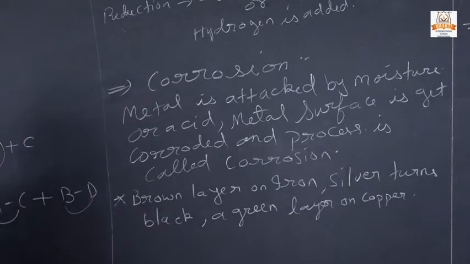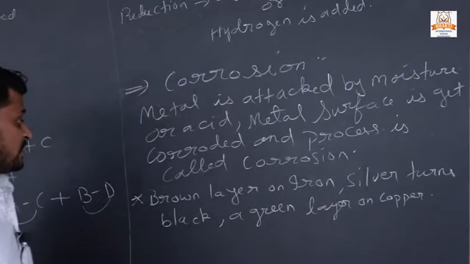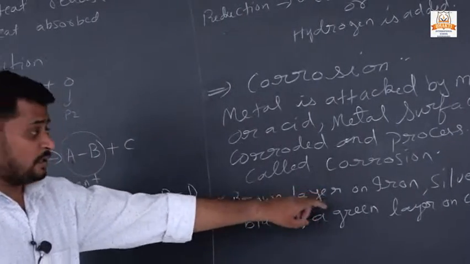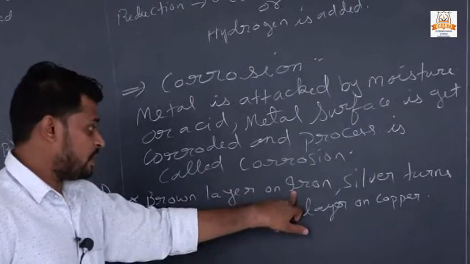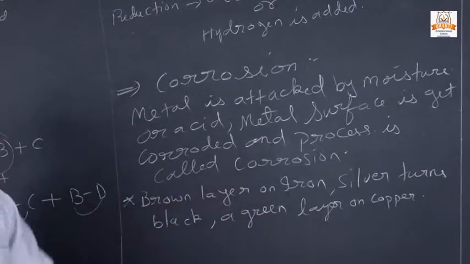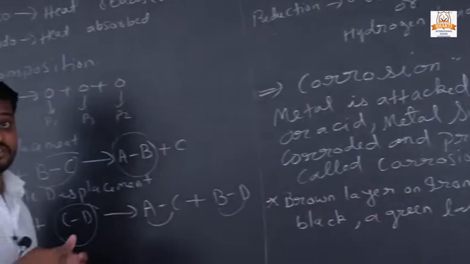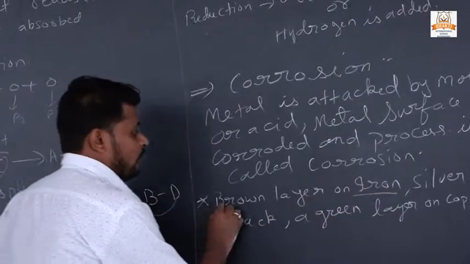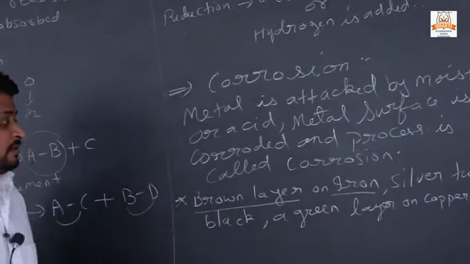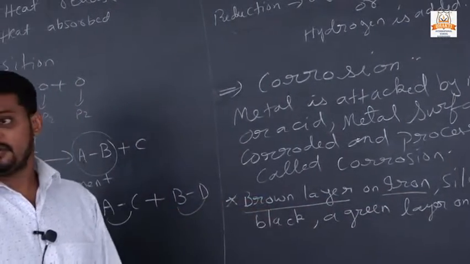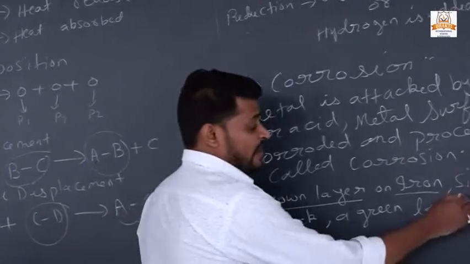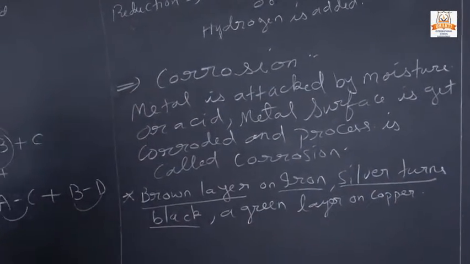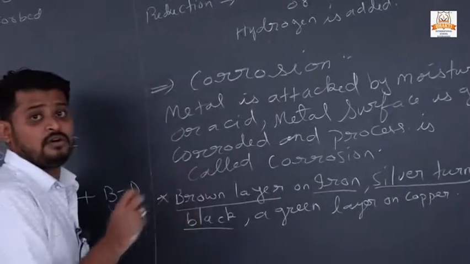So we have three examples of how corrosion changes the color. See first, brown layer on iron. When we notice that iron is corroded, when a brown layer covers the whole iron, then we say iron is corroded. When silver turns black, then we say silver is also corroded.